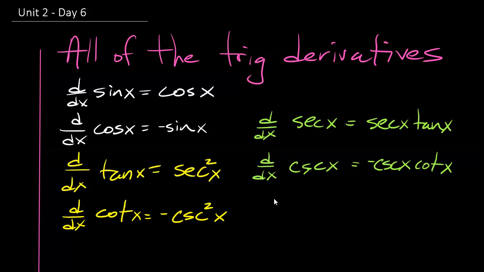I've grouped them by cofunctions. Sine and cosine actually are the 2 that don't really follow the pattern. But say we figured out tangent's answer was secant squared. Cotangent's answer is negative cosecant squared. So it's the cofunction.